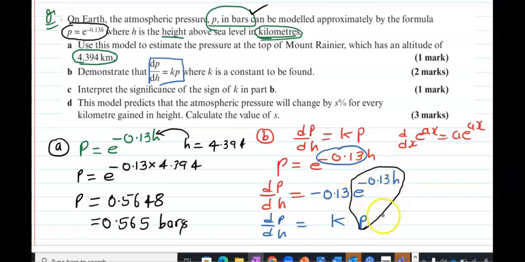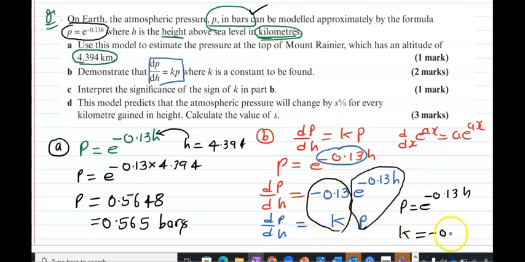Can you see? Because p is e to the power minus 0.13h. So what is the value of k? So k is minus 0.13. Is that okay? Right?